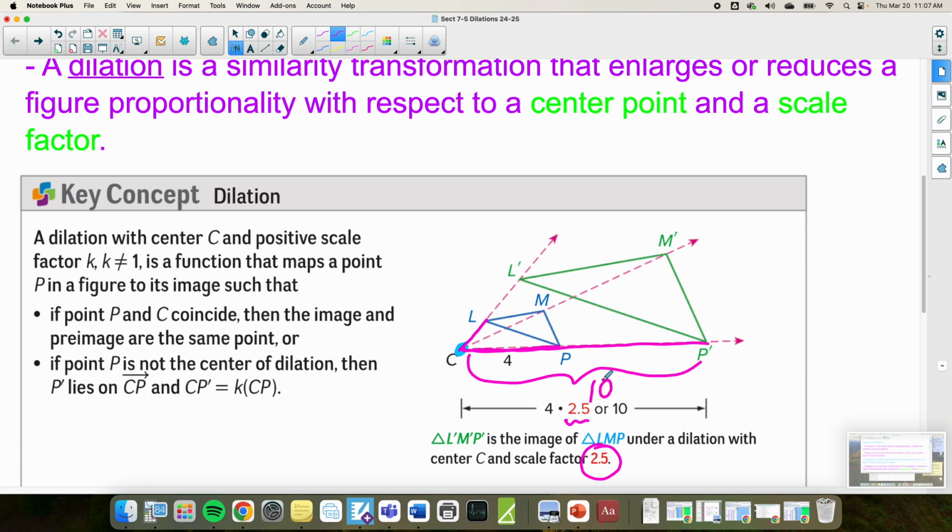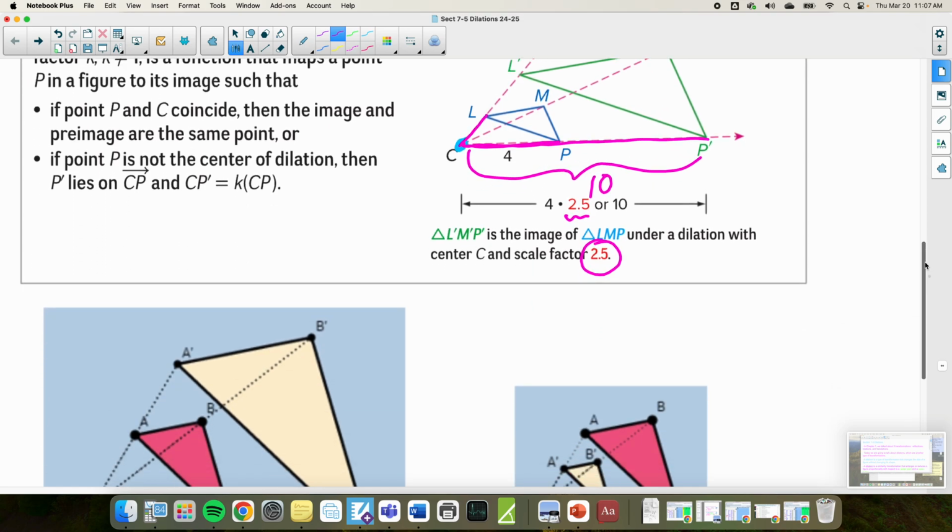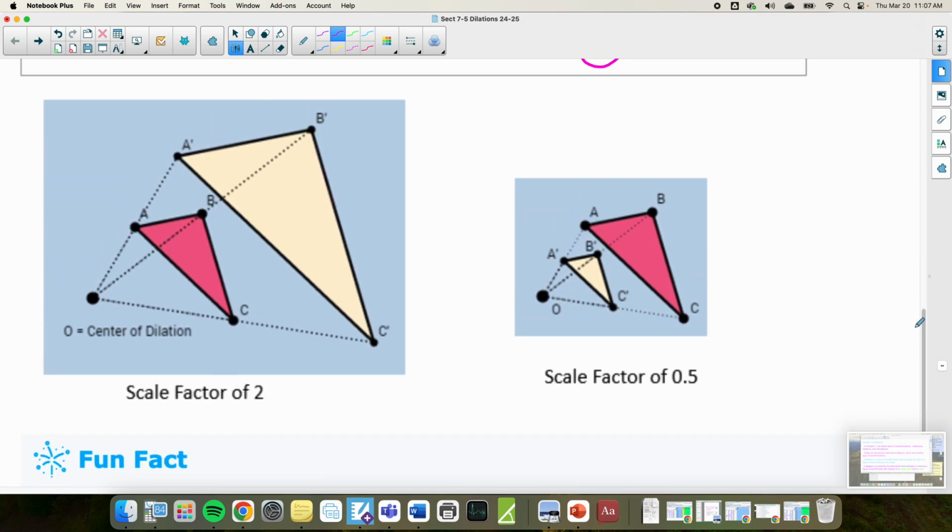I skipped those, and we're doing ours just on coordinate planes, so you don't have to use a ruler and things like that. So here's just an example. If your scale factor is bigger than 1, the hot pink triangle here would be your pre-image, and then your new image, which is the lighter color, that one's going to be your image, and it's going to be bigger if your scale factor is 2.